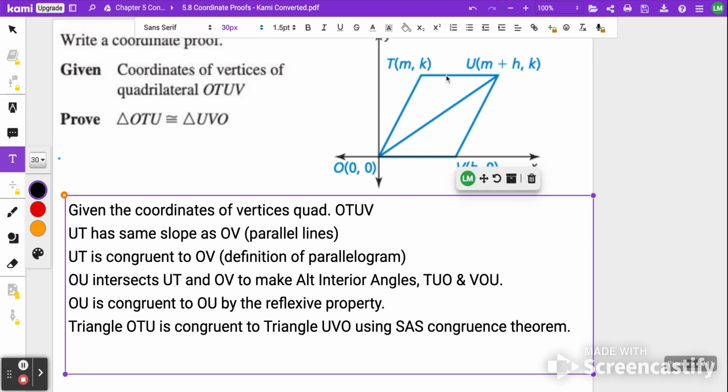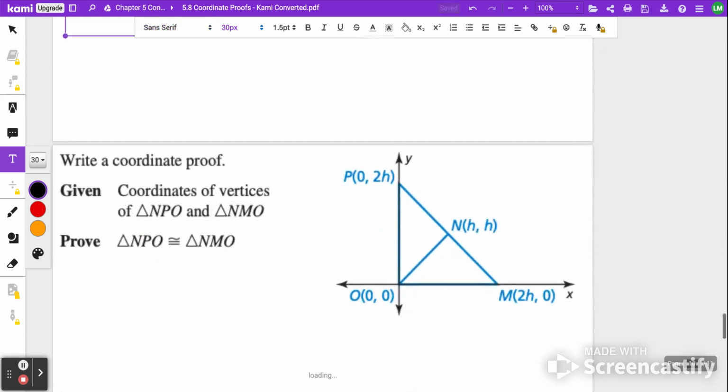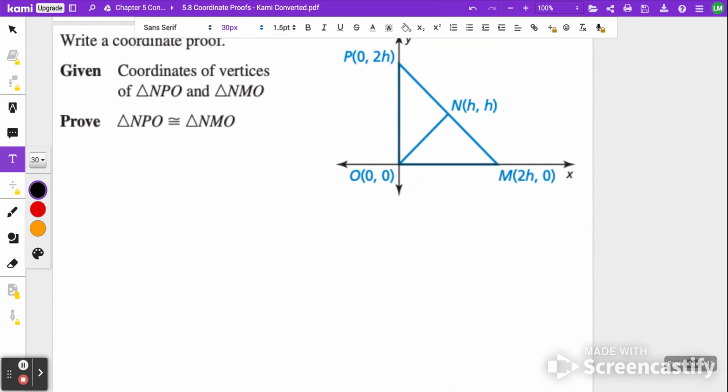Okay, because I've now proved that TU is equal to VO, I have alternate interior angles and then a matching side. Okay, last one, writing a coordinate proof.